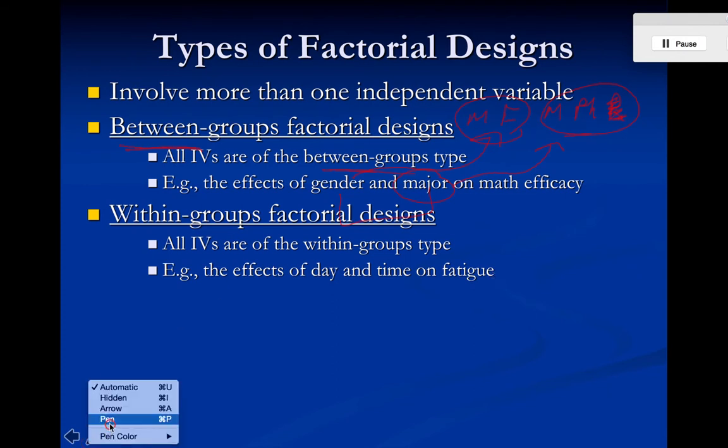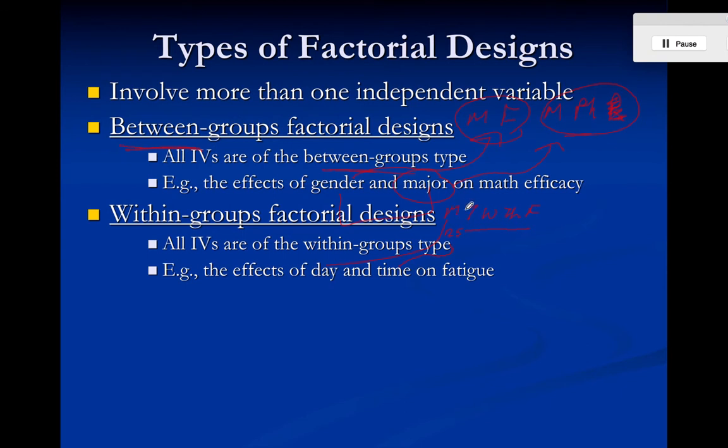So here what we're going to do is we're going to take Susie, and Susie's going to be tested Monday, Tuesday, Wednesday, Thursday, and Friday. And she's going to be measured at noon and at 5 p.m. on Monday, Tuesday, Wednesday, Thursday, and Friday. So again, Susie now is in all the groups of day.